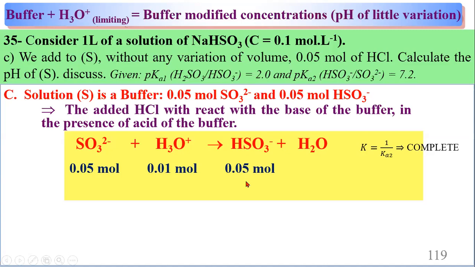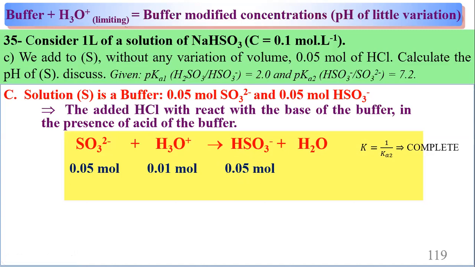Of course, I now already have some hydrogen sulfite, 0.05, and now I'm adding extra to this buffer system H3O+. Don't forget here that we already have some HSO3-. Now, if we didn't, that would be 0. We would probably still get a buffer at the end, but that's not the question.